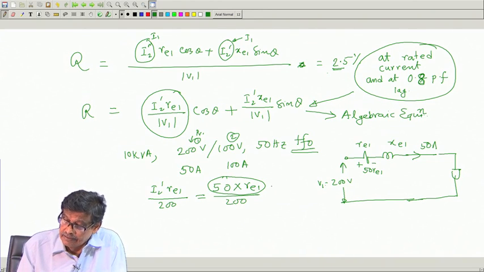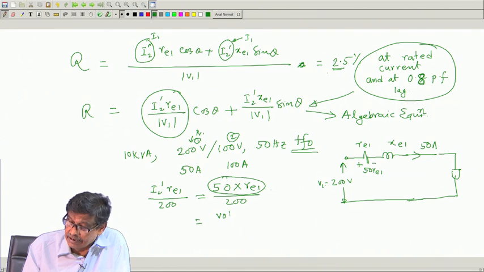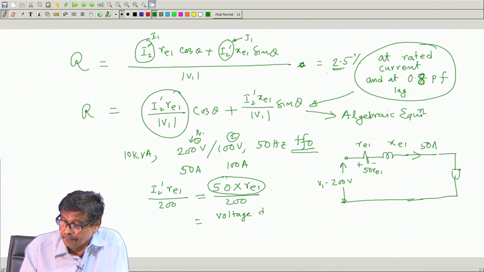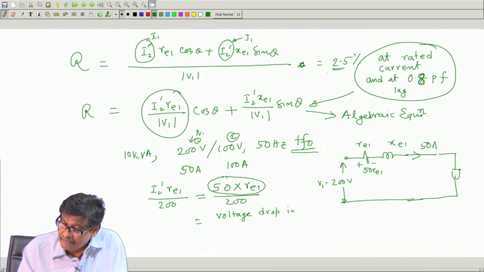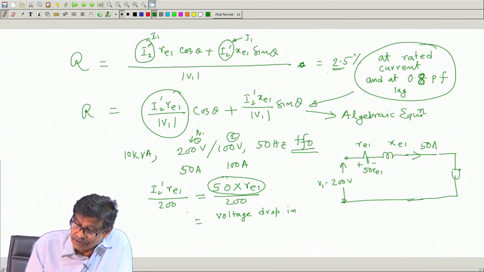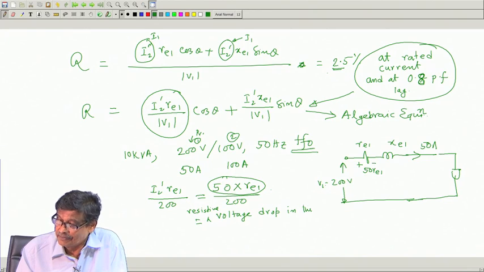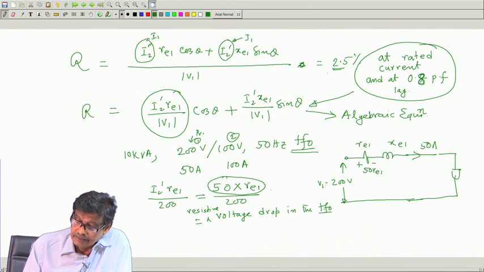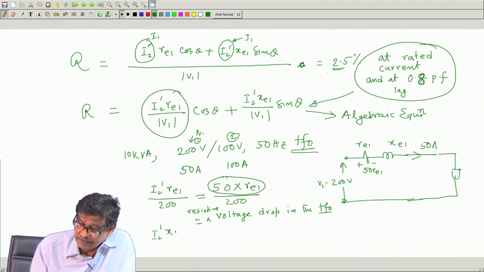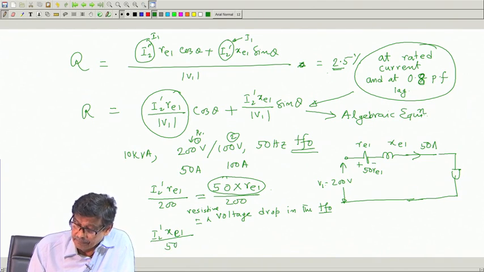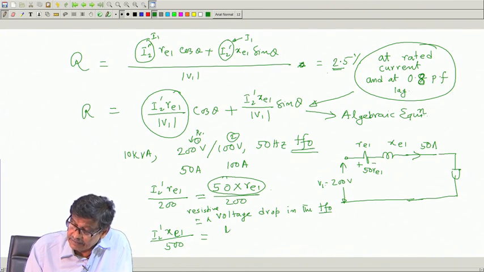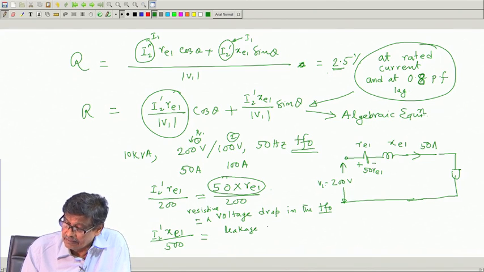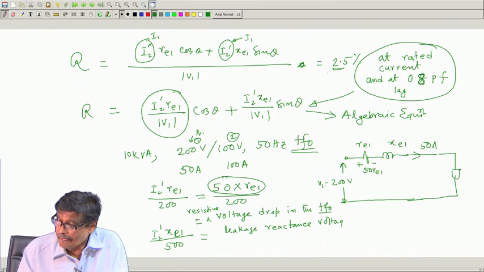So, with respect to the primary side or HV side in this case, this number tells you the voltage drop in the internal resistance of the transformer in volts. If I write in language, I will write resistive voltage drop, equivalent resistive voltage drop in the transformer. Similarly, I 2 dashed X e 1 by 500 is the leakage reactance voltage drop in the transformer.